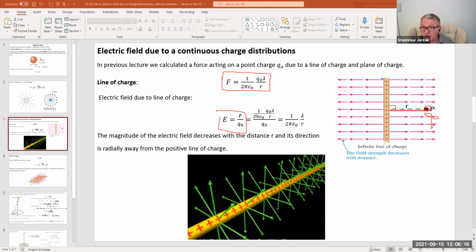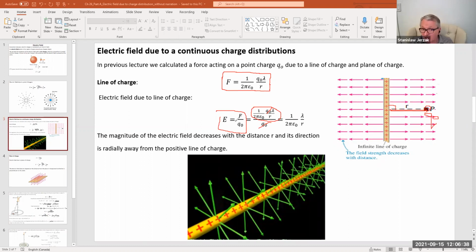So by definition, the electric field produced by the line of charge at point P would be the force acting on charge Q0 located at point P divided by Q0. But as you see, the force also depends on Q0, so Q0 and Q0 will cancel. It will always cancel for electric field.